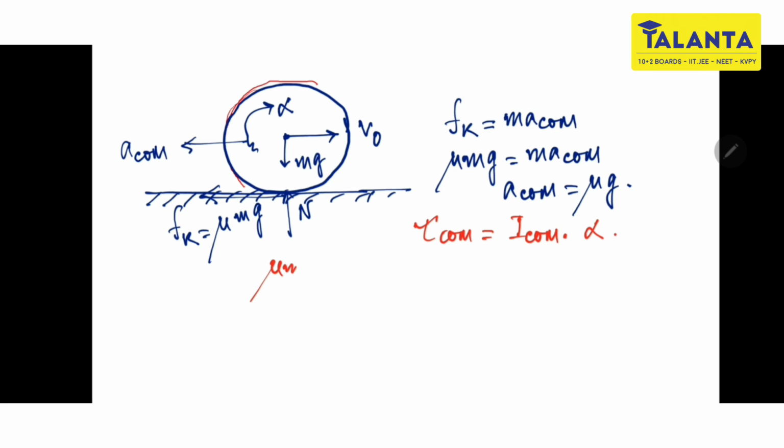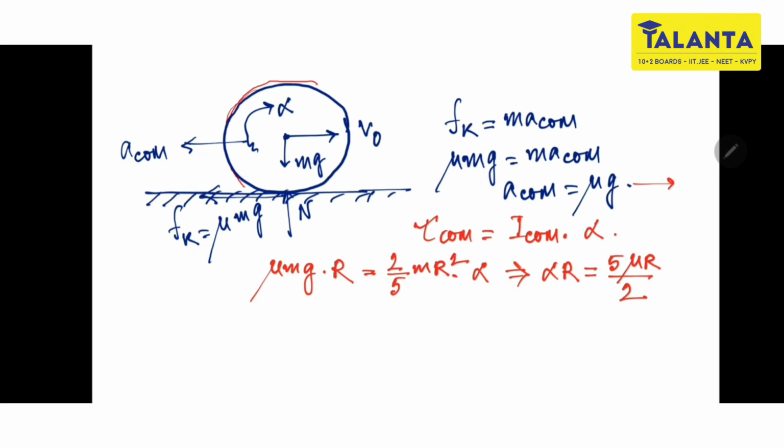That means mu mg into r equals 2 by 5 mr square, which is the moment of inertia of a solid sphere, into alpha. That means alpha into r equals 5 mu g by 2. Consider this as equation number 1 and this as equation number 2.